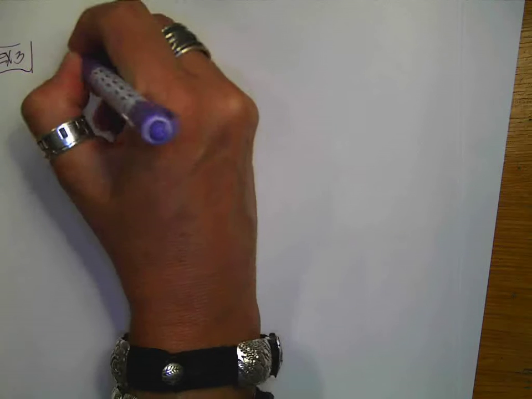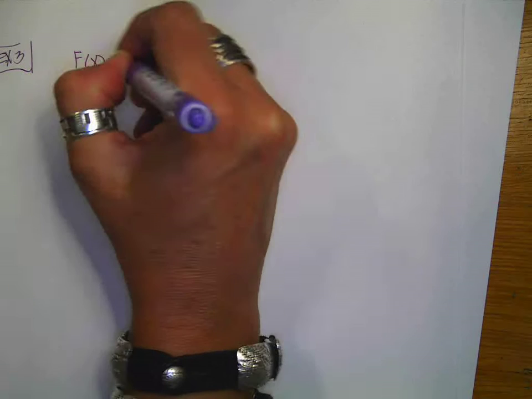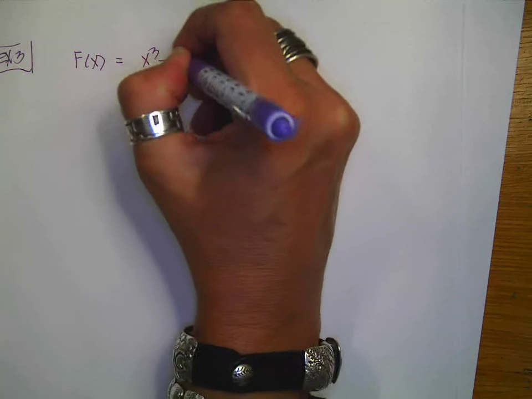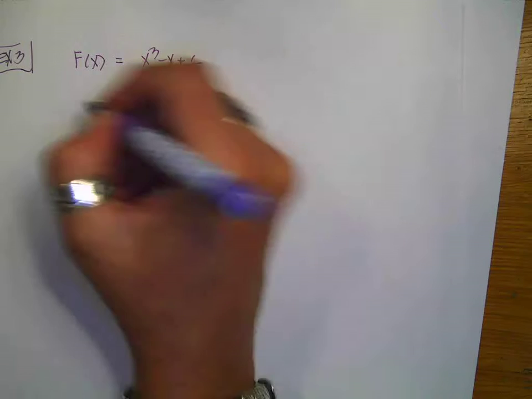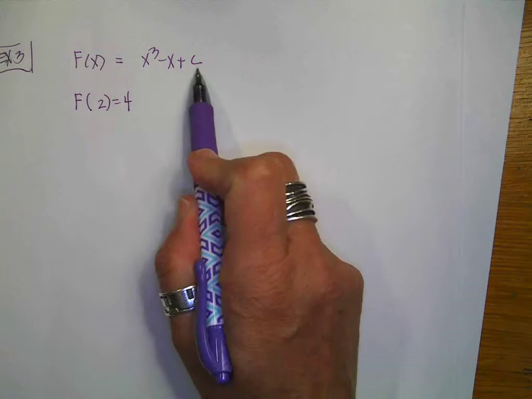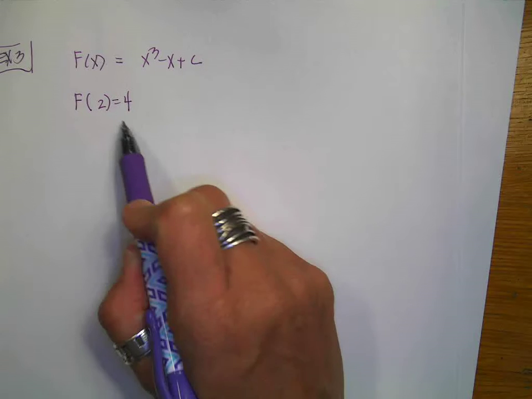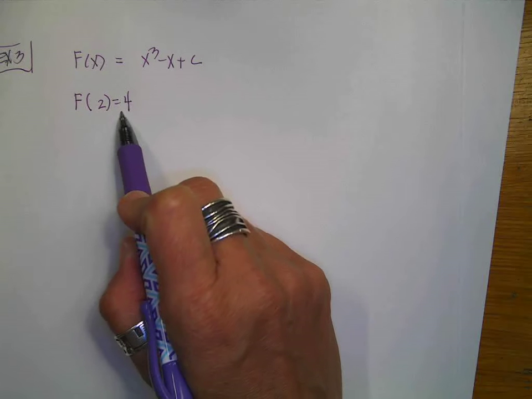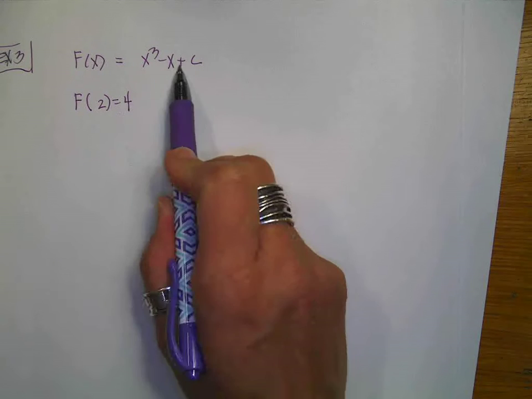Alrighty? So if we do an example of that particular problem, I think this is example number 3. If I had capital F of x equal to x cubed minus x plus c, and I'm given an initial condition of this. I've already done the integration, I've gotten my constant of integration, and this is the initial condition.